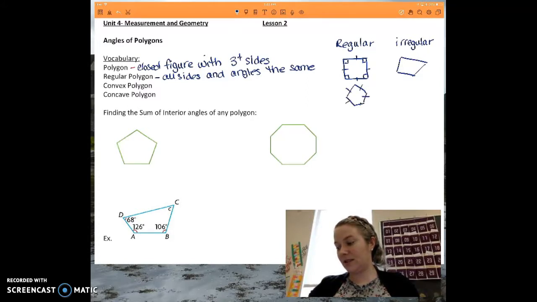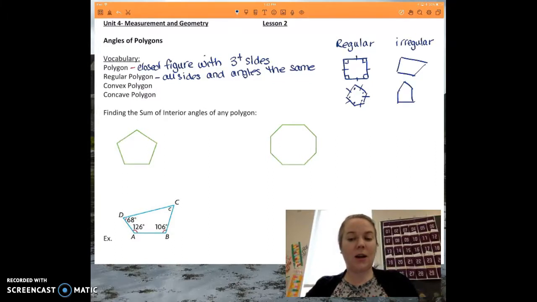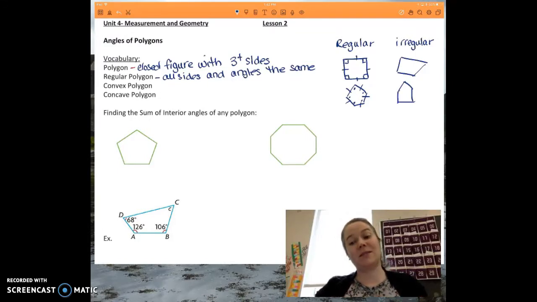All the sides are the same and all the angles are the same. So that's a really common notation to show the angles are the same, so use little circles. Or we can have an irregular pentagon, the classic house shape, which has maybe some sides the same, maybe some angles the same, but not all the sides and angles are the same.